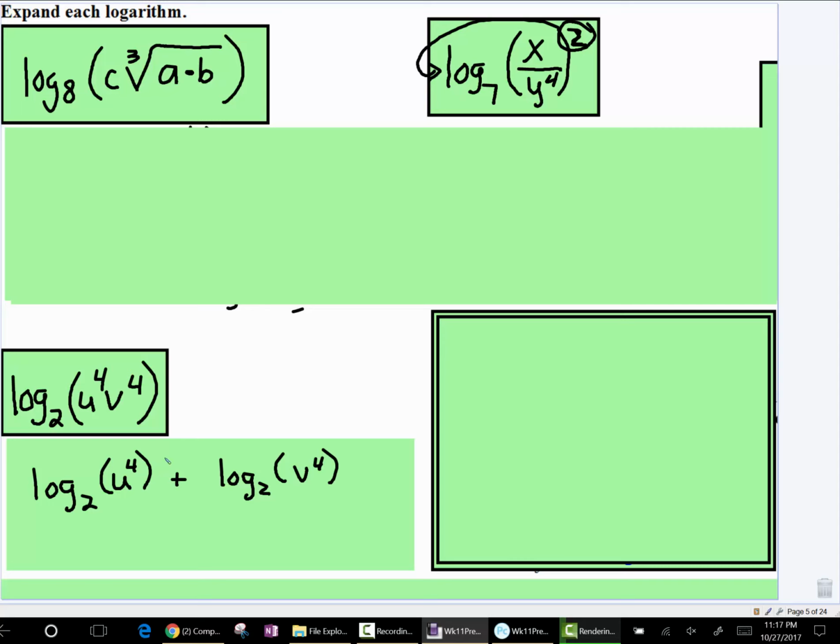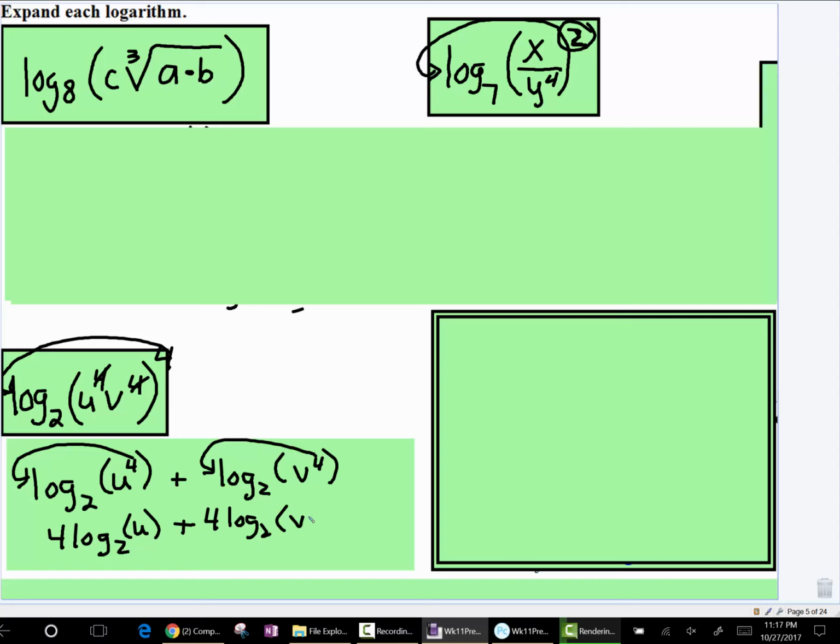Now these things get simplified. The 4 will come down in front, both times. Because those were both to the 4th, we could have put the 4th out front and brought it down, but that's okay. So we're going to have 4 times the log base 2 of u plus 4 times the log base 2 of v. And that's it for that one.